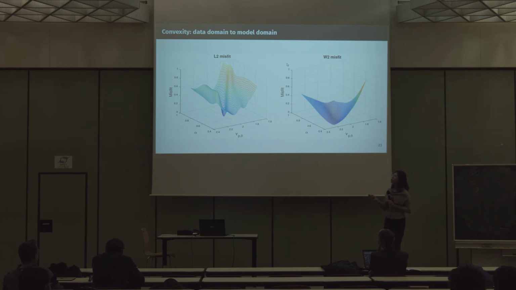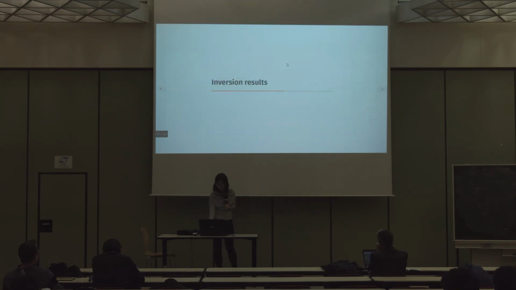It has a global minimum here, but it also has many local minima. If you start from some value here, it's very easy to get stuck by any gradient-based method. And for W2, it's globally convex. So it's convex not only in the data domain, in the shift domain, but also in this model velocity domain.